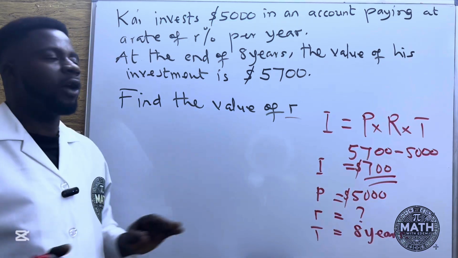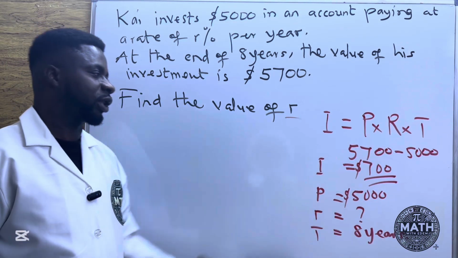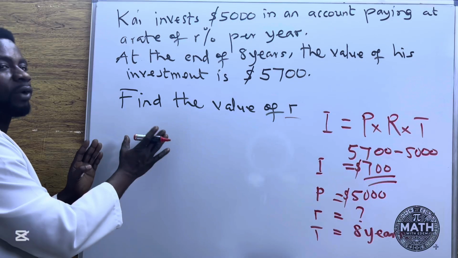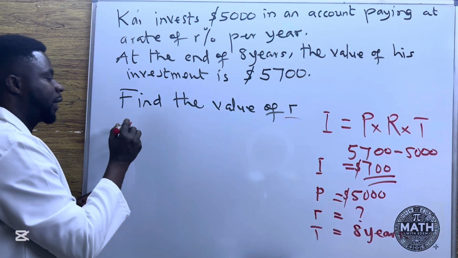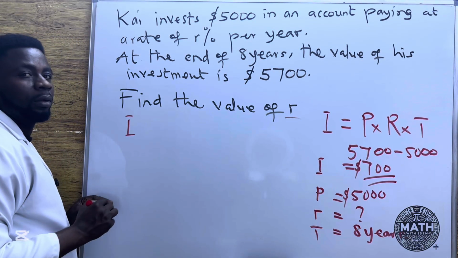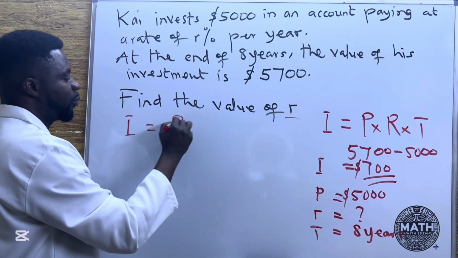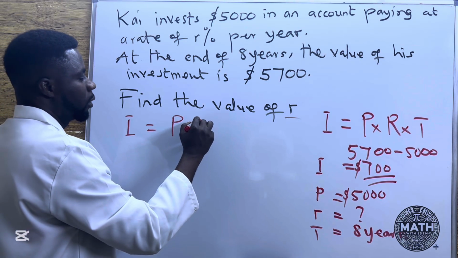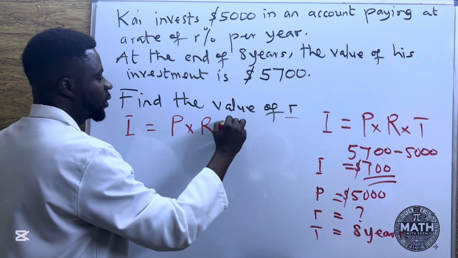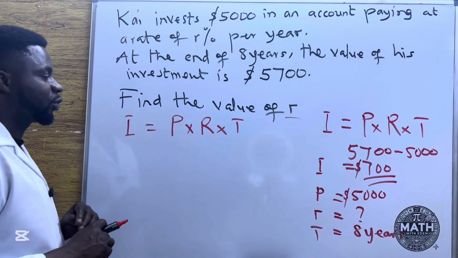So what we are going to do is just substitution. I'm going to write the formula again. Don't forget our interest is equal to the principal times the rate times the time. Let us do substitution here.